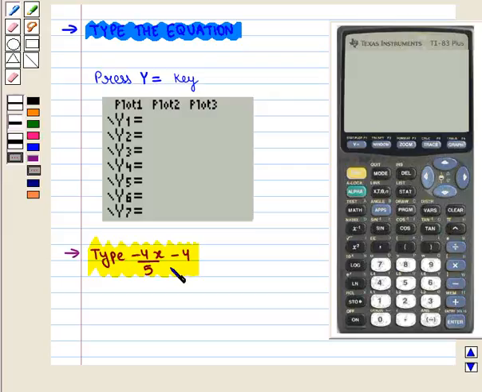For this we press negative sign key followed by opening round bracket key.